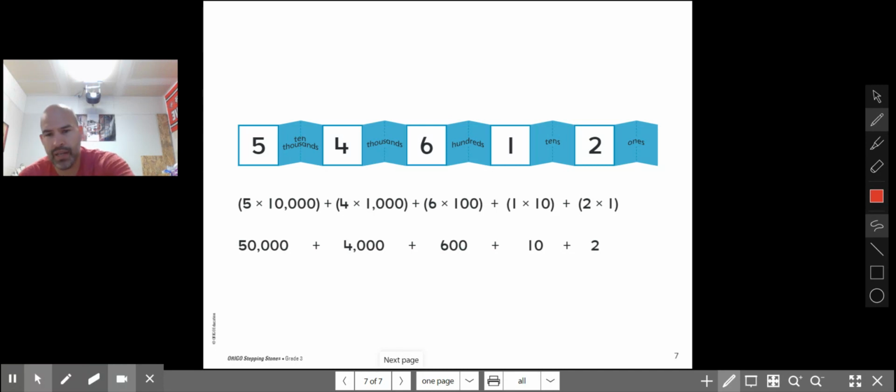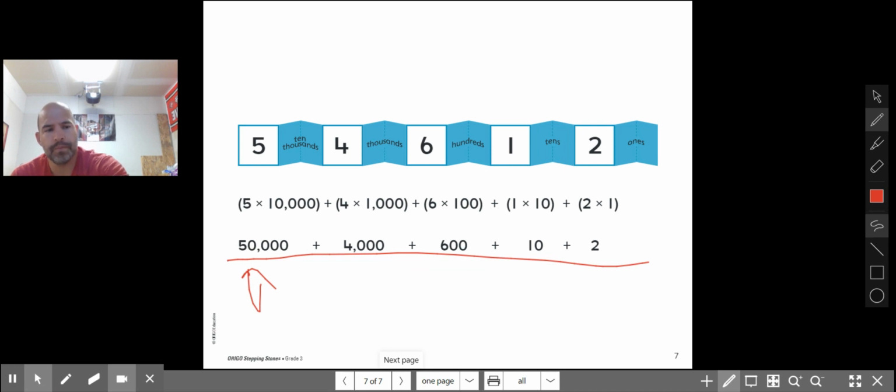So in expanded form, we write that all out. It's 50,000 plus 4,000 plus 600 plus 10 plus 2. And I know we did some problems like this back when we dealt with 4-digit numbers, right? This is 5 digits, so we have that new place value of the 10,000, right?